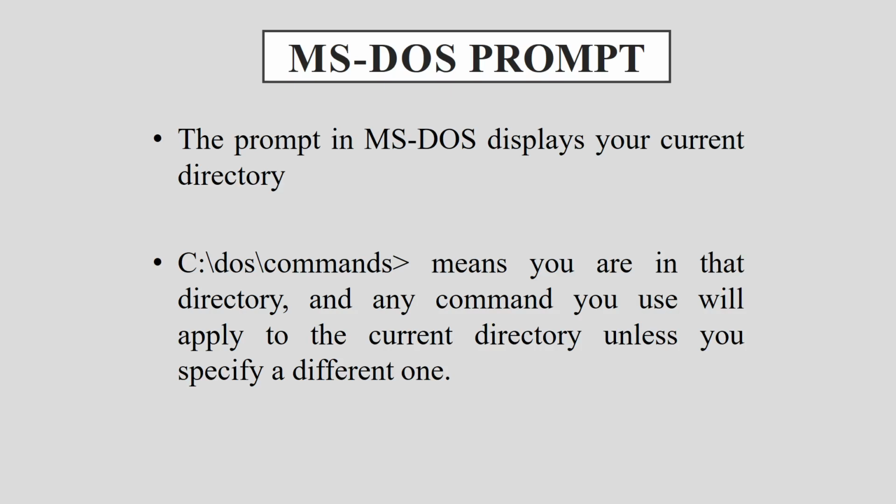Now, for the DOS naming conventions, the file name cannot be longer than 8 characters, and the extension cannot be longer than 3 characters. Okay? That is why the very basic file extensions have 3 characters, like .txt, .csv, okay, .doc.